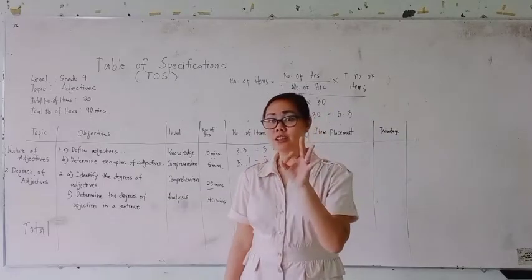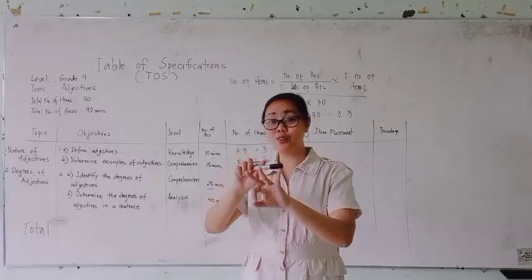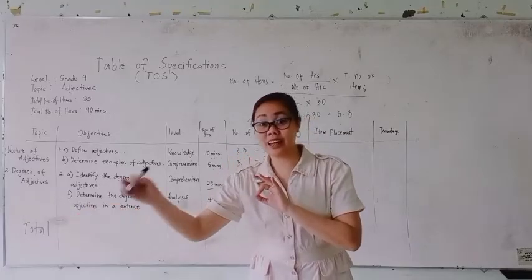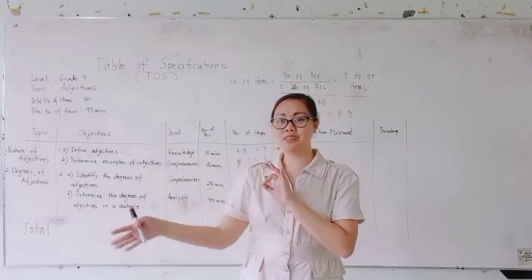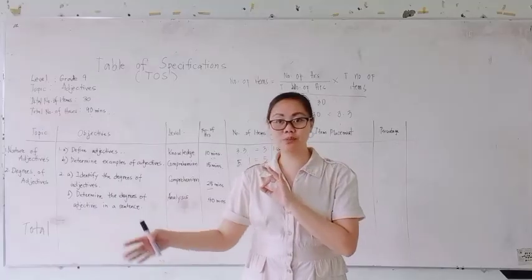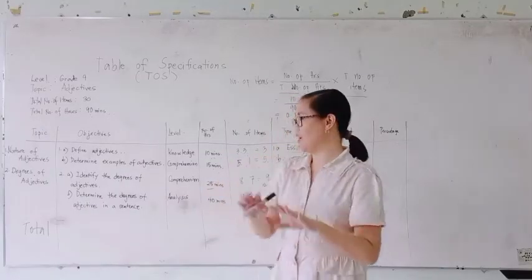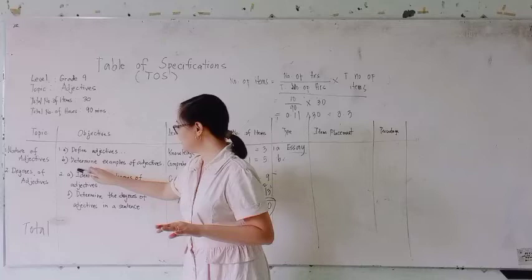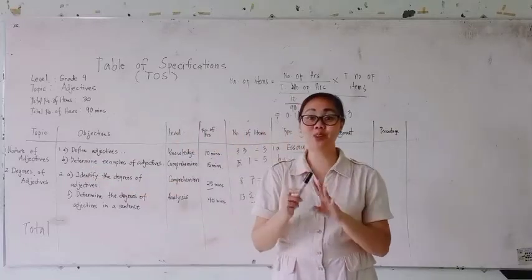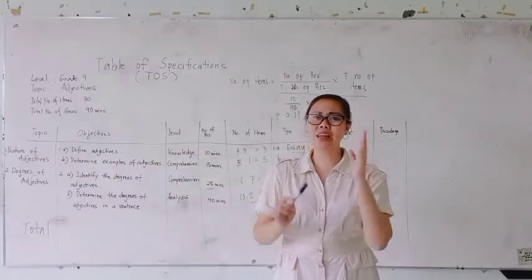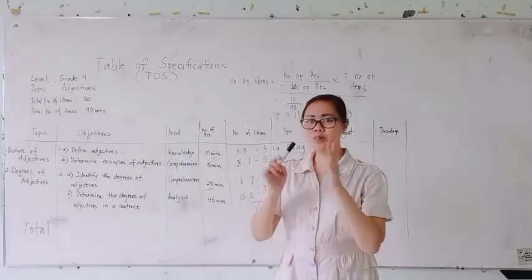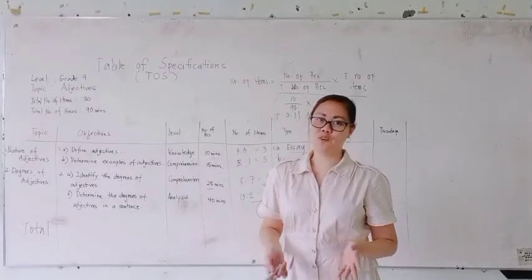So, pwede ba akong magpa-matching type? Isipin pa natin yun. Yes, pwede pa rin. So, pag titignan ninyo, pag ang objective is to determine, ang daming possible na test items. Pero kailangan ninyo mag-decide. Anong test item ang gagamitin ko?